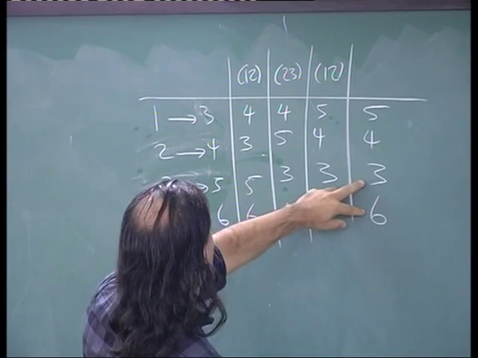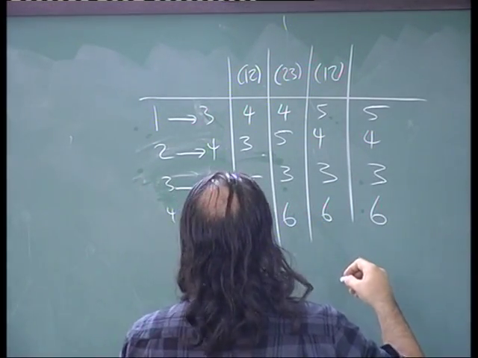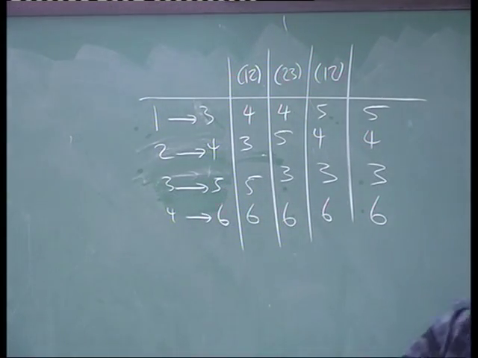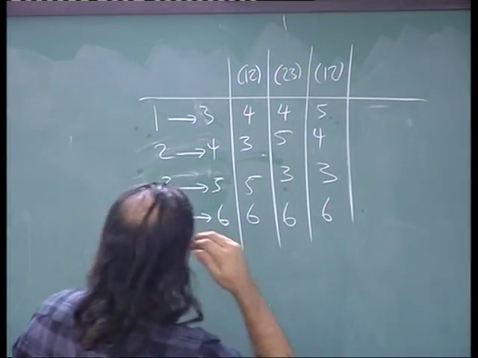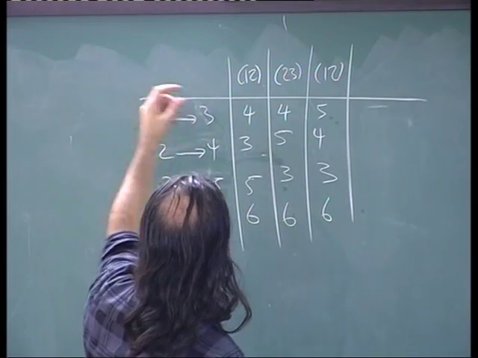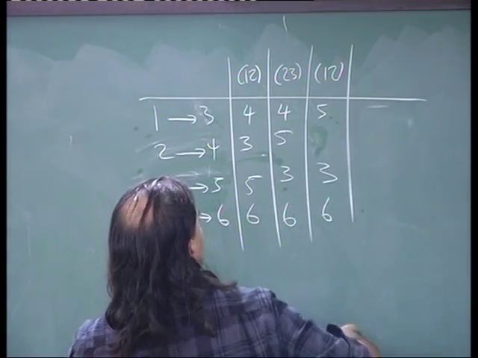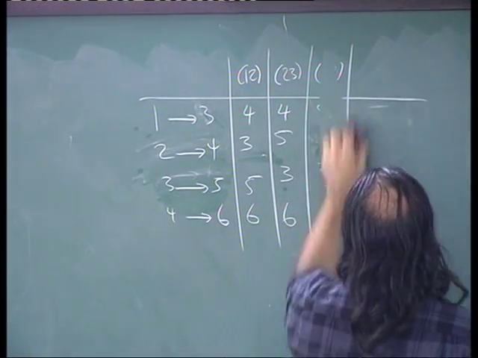Sorry, I just wrote it down wrong. So we did 1 and 2, then we did 2 and 3. Let me erase this column.